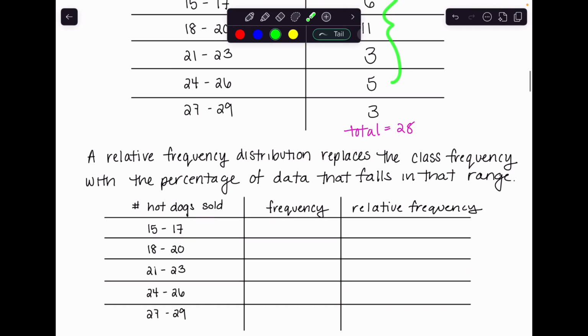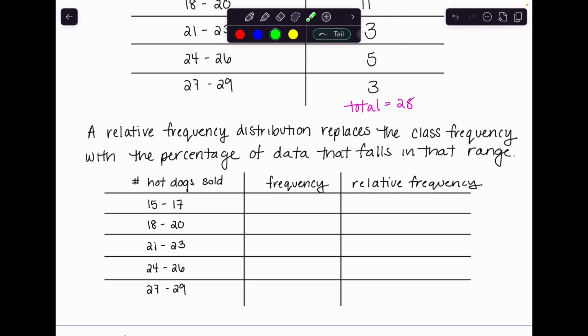I still need my frequency distribution, and then I'm finding a percentage. Filling in these numbers, we had 6, 11, 3, 5, and 3 for my frequencies. For the relative, we had 6 out of how many that fell into this category. In total, there were 28 pieces of data.